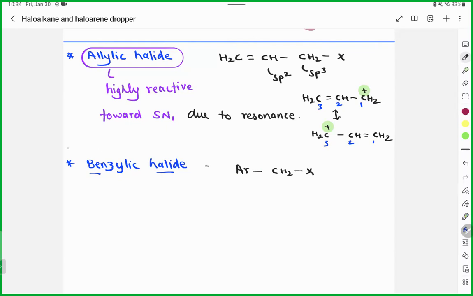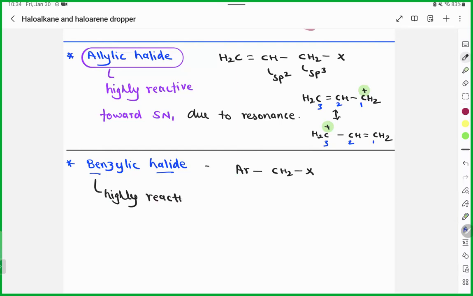This is benzyl halide. This is again highly reactive toward SN1, and the reason is the same, due to resonance. Here you have five resonating structures, highly stable.